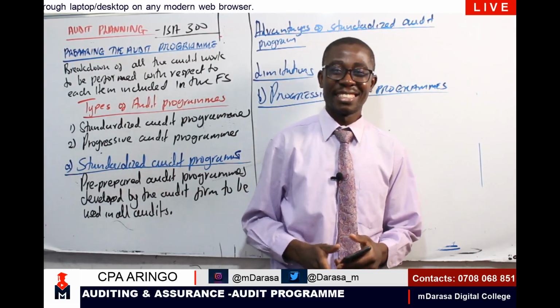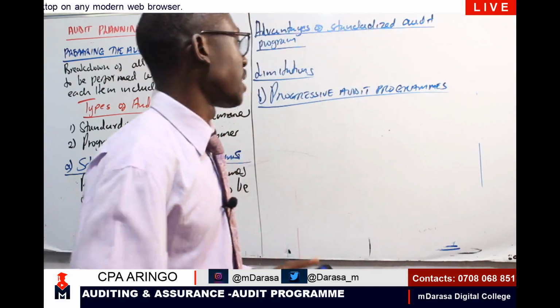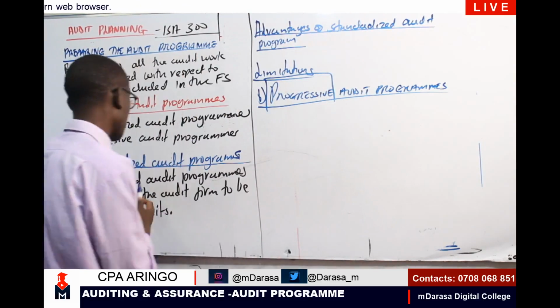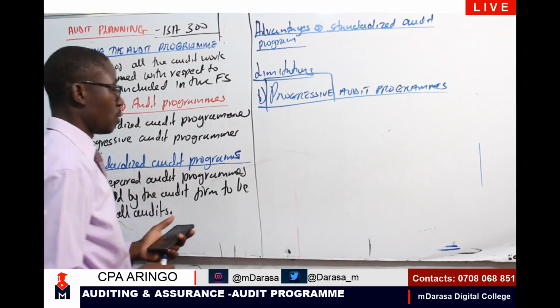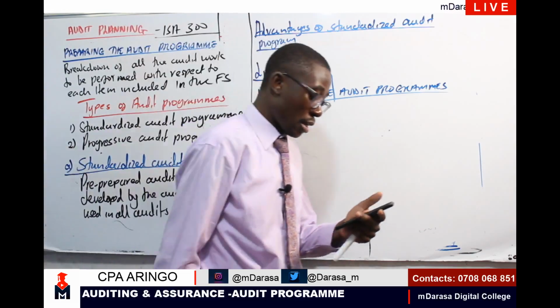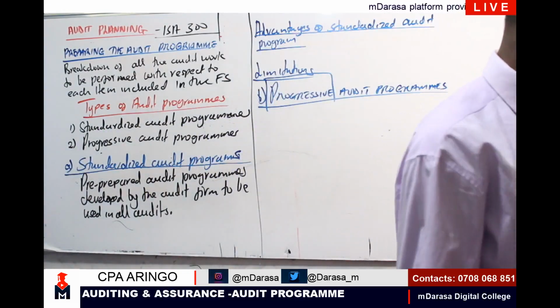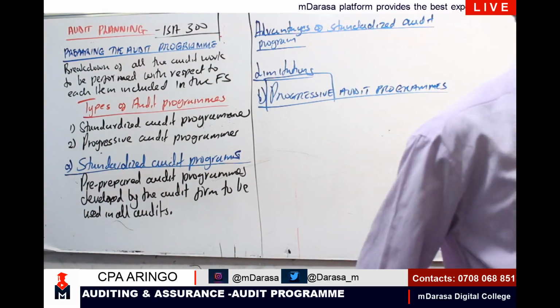Can you tell Mwalimu what progressive audit programs are, just from this word progressive? The standardized ones are developed at the beginning of the period; they are pre-prepared audit programs. What about progressive? Generally, whenever we're talking of progressive, we are looking at audit programs that are allowed to develop as the audit progresses.